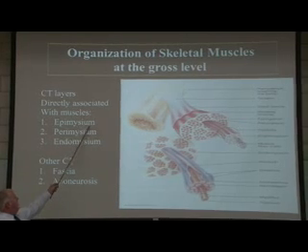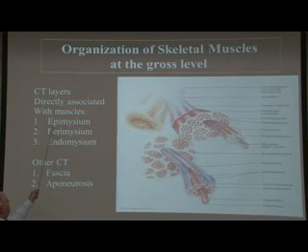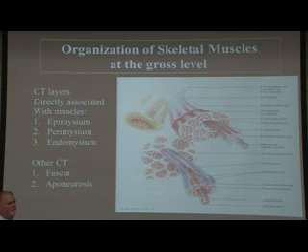And then the ending is associated with a sheet of connective tissue. So epimysium, perimysium, endomysium. The epimysium is what's on the surface of the muscle. That's why on the cadavers we can actually separate muscles from one another, because each muscle is uniquely bound on the outside as a unit by the epimysium.